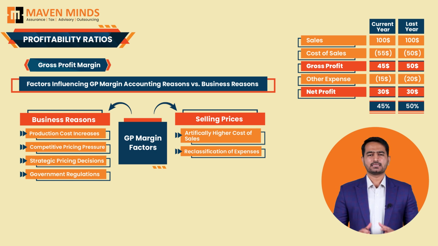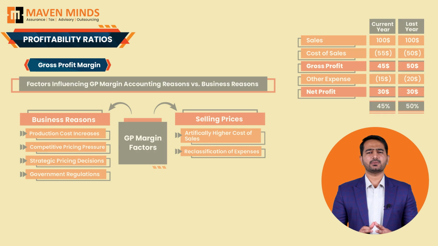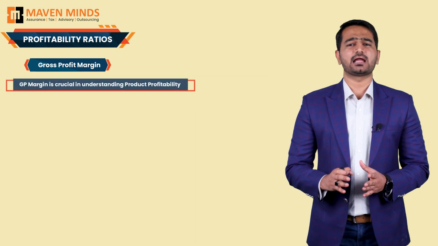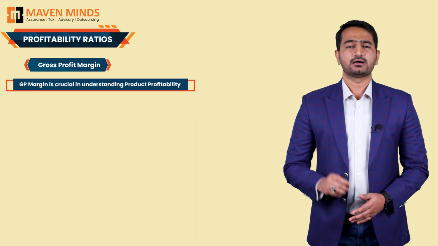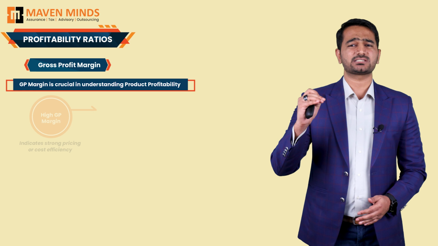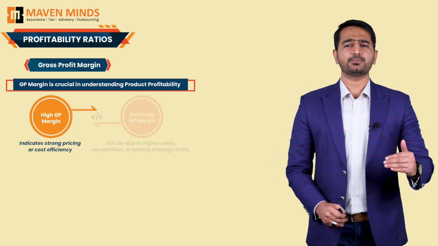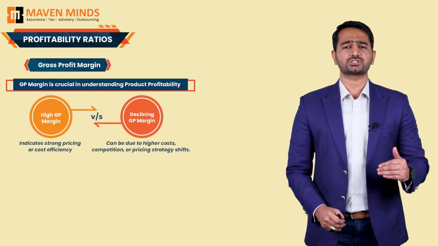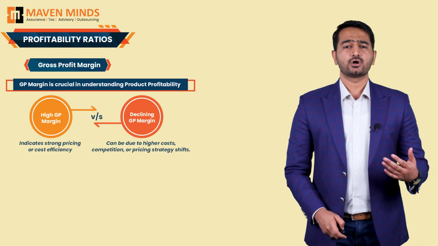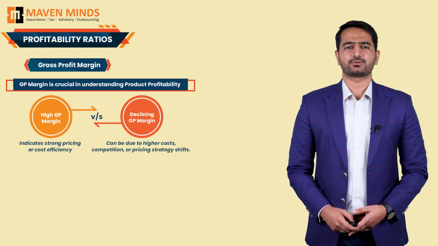In summary, GP margin is crucial in understanding product profitability. A high GP margin indicates strong pricing or cost efficiency, and a declining GP margin can be due to higher cost, competition, or pricing strategy shift.